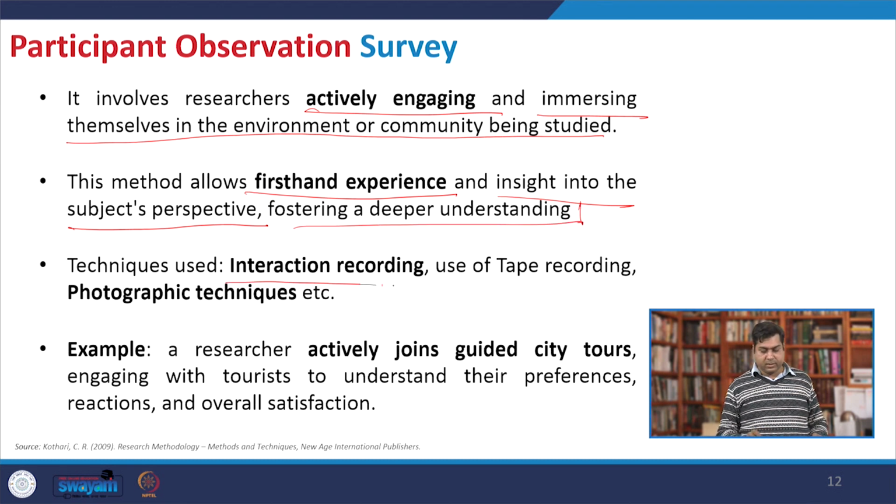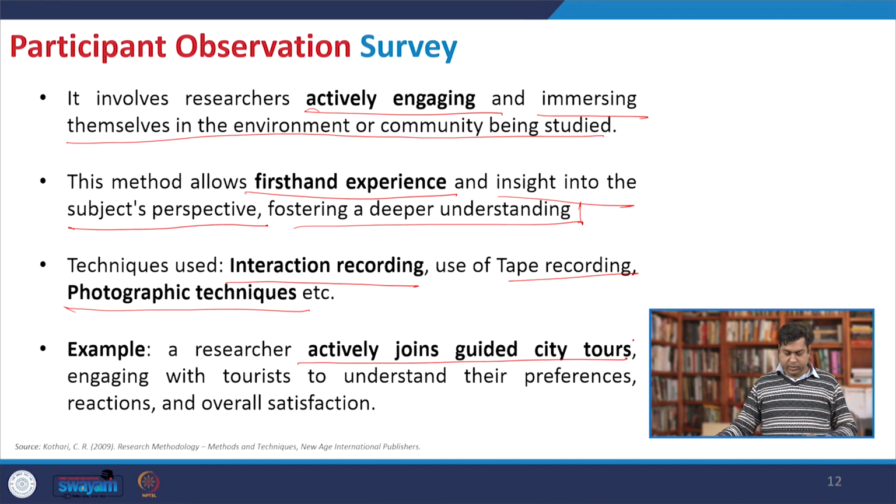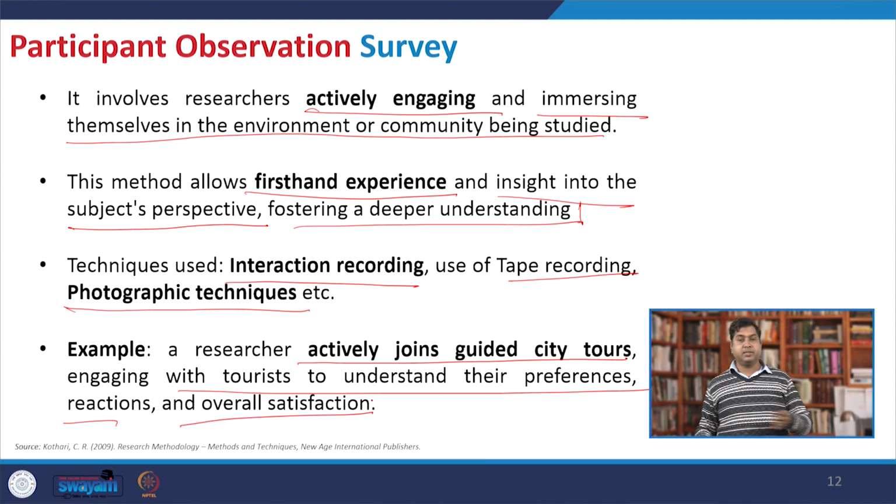Technique is interaction recording, or you can go for tape recording, or maybe it can be a photographic technique as well. So, in this case a researcher actively joins the guided city tours, engaging with tourists to understand their preference, reaction and overall satisfaction.